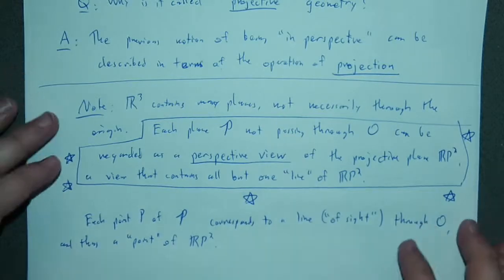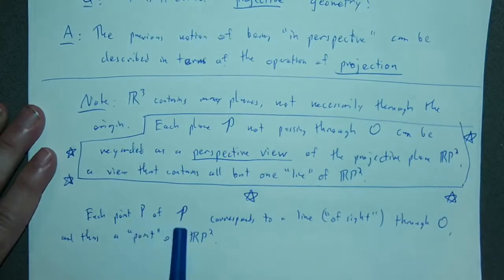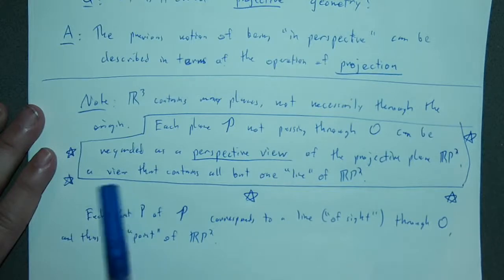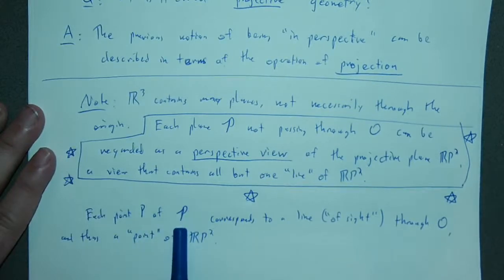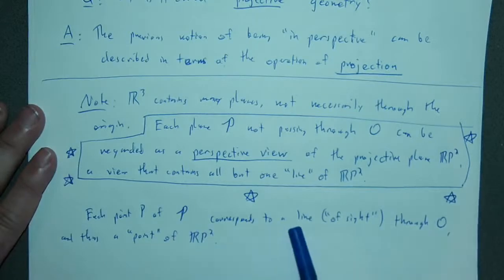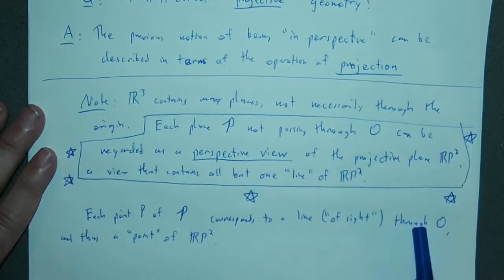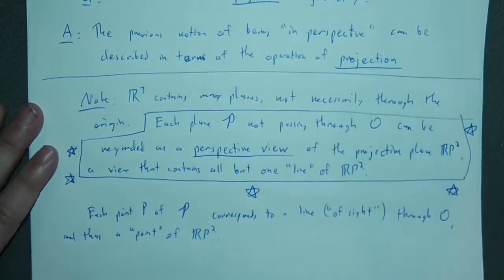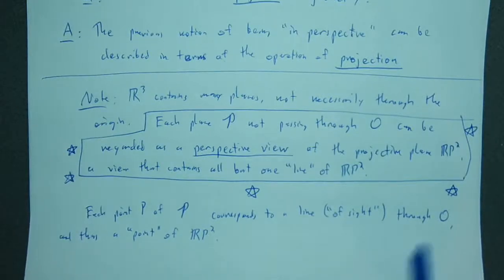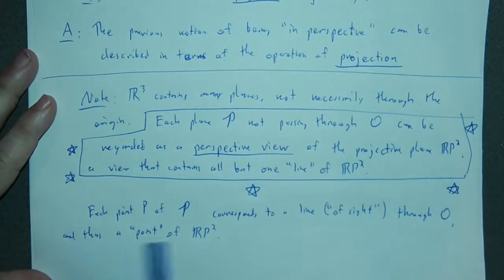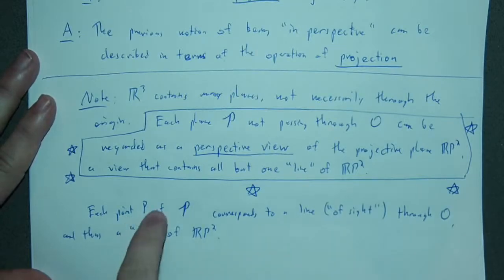Well, this kind of does it already, right? So every point of this plane, point in the Euclidean sense, every point P of my plane script P that doesn't pass through the origin corresponds to a line of sight through the origin. That line, as it passes through the origin, is a line through the origin in R3, and thus it is a point of RP2. And so we have matched a point in our plane to a point in RP2, and every single point in our plane is matched up in this way to a point of RP2.